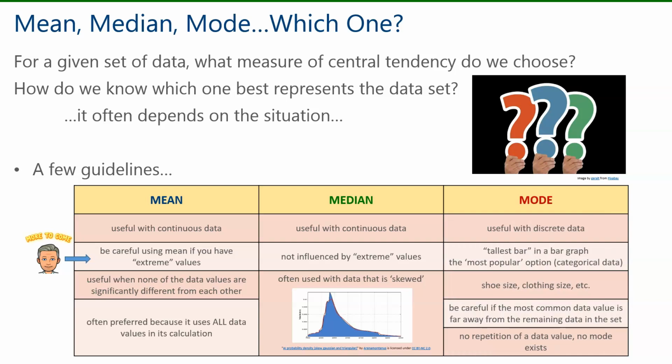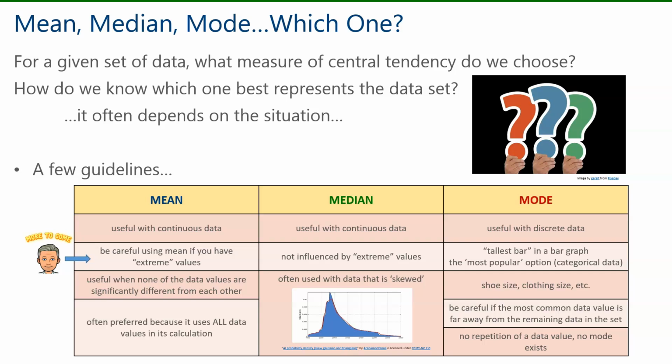And a few guidelines for mode. Mode is useful with discrete data. If you think about a bar graph, it would be the tallest bar, the most popular option when we talk categorical data. For instance, what is your favorite food? What is the preferred brand name for your hockey stick? What is your favorite literature genre? The results from these questions would be categorical data.